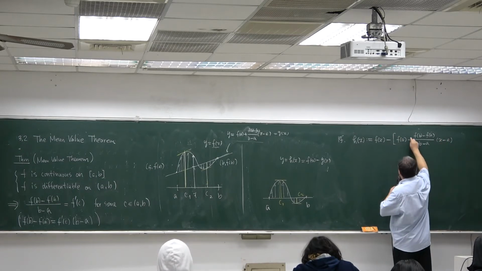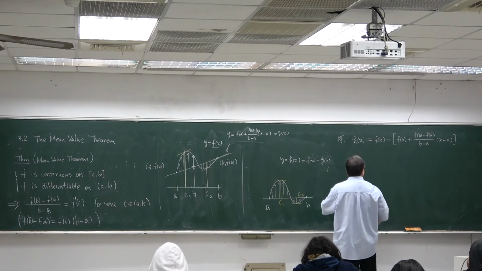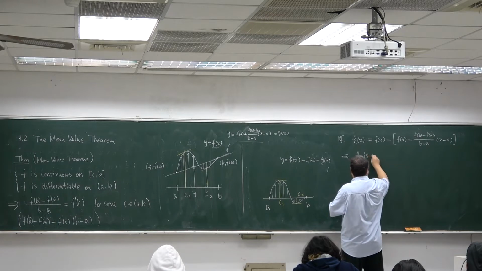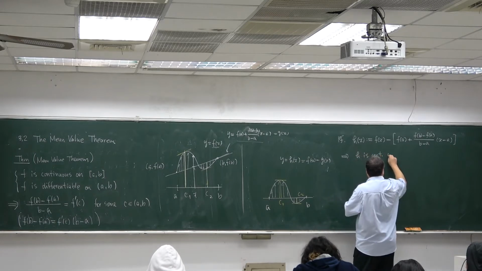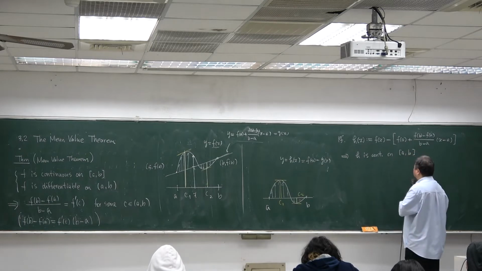Then this new function h is continuous on the closed interval [a, b]. Why?